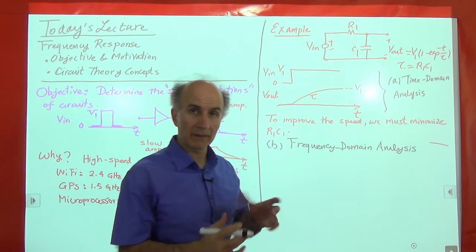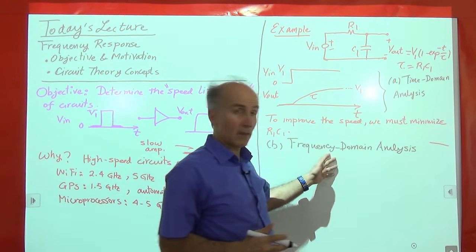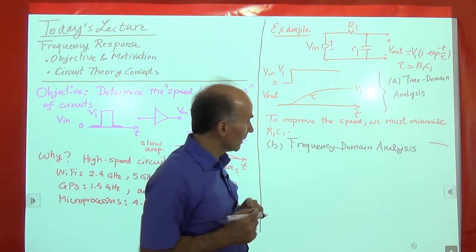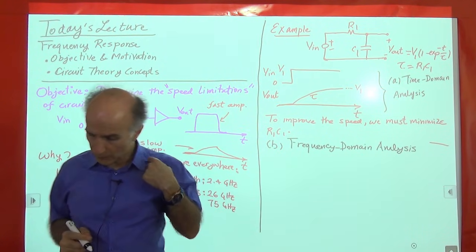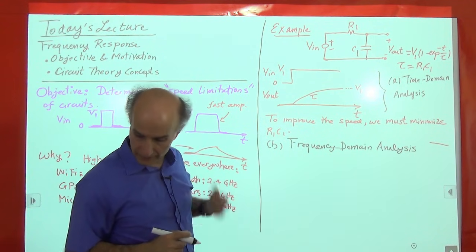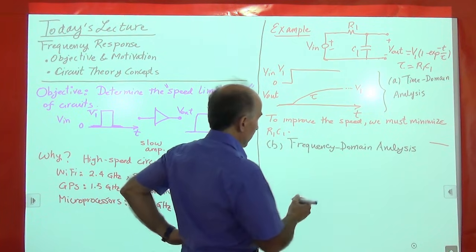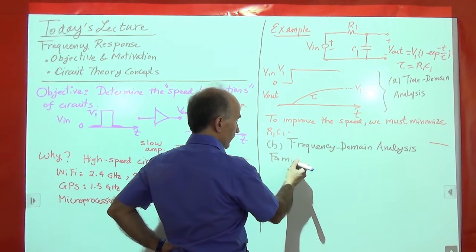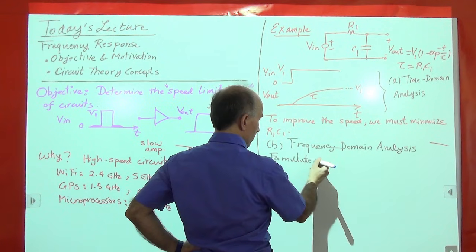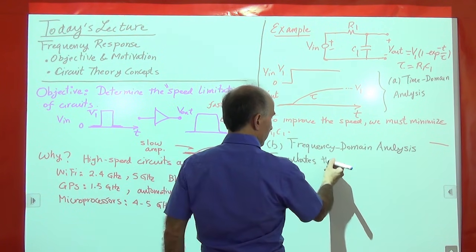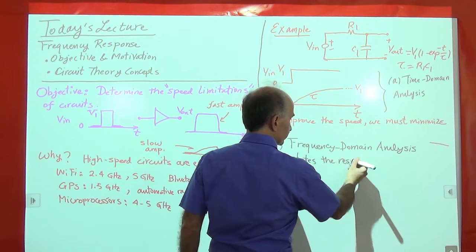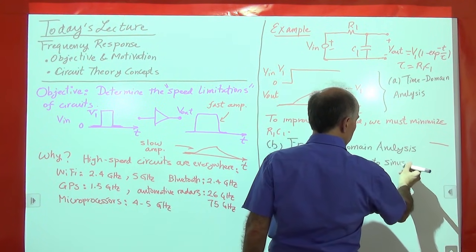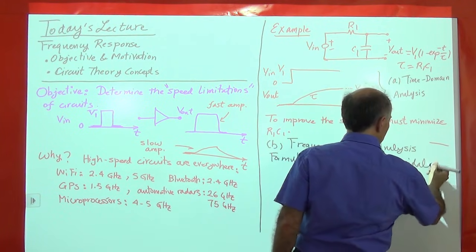All right, so we want to understand what this is, why we might do this, are they related, all that stuff. Okay, so by frequency domain analysis, what we really mean is something like this. This analysis tries to formulate the response to sinusoidal inputs.